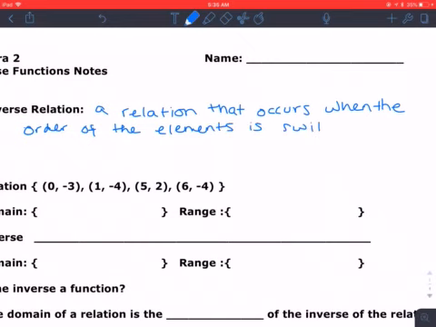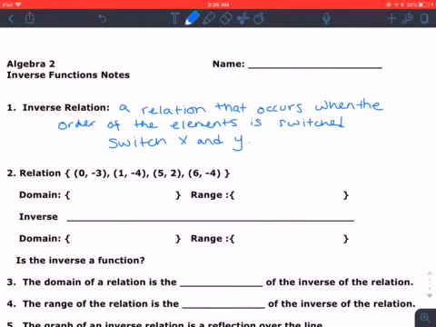So basically, what we're looking at is when we have x's and y's, we're going to switch x and y. So anytime you hear that word inverse, I want you to automatically think switch x and y.